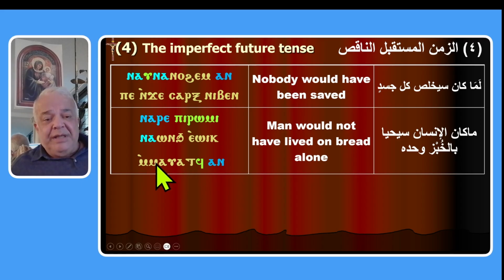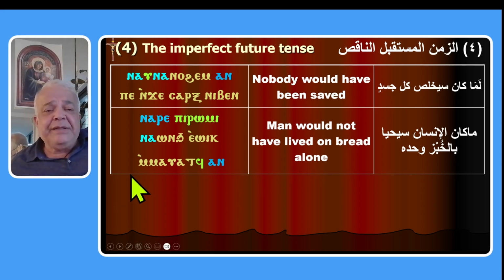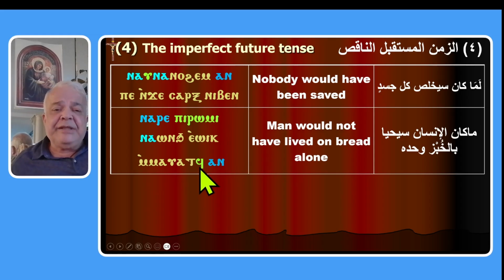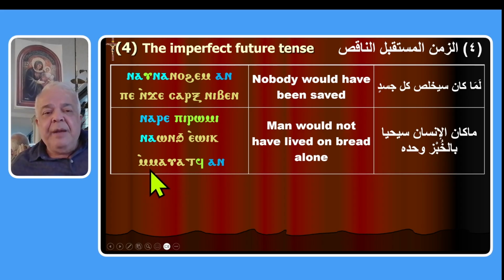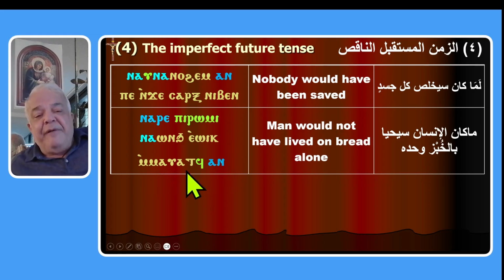But this word can be connected to different connected pronouns. So if I say mavati, that is me alone. Mavatka, you alone. Mavati, you alone for the female second person singular. Mavatf, him alone. Mavatz, her alone.